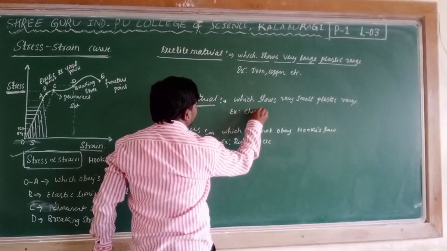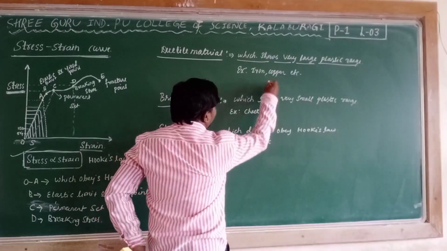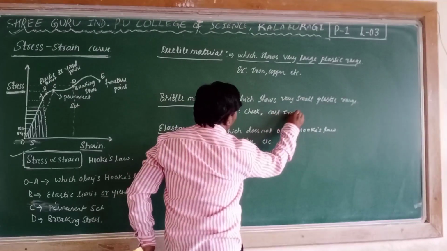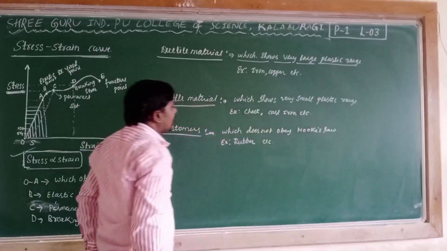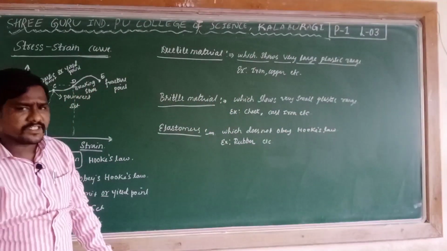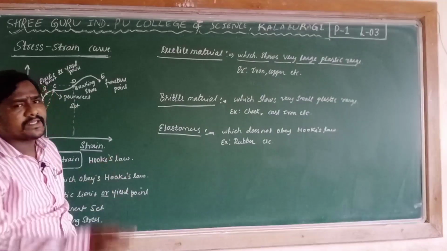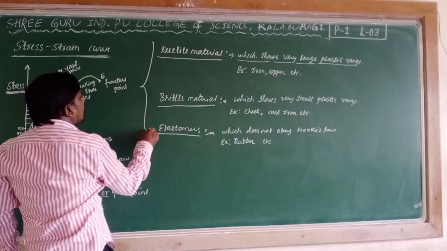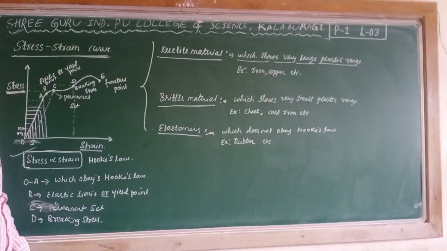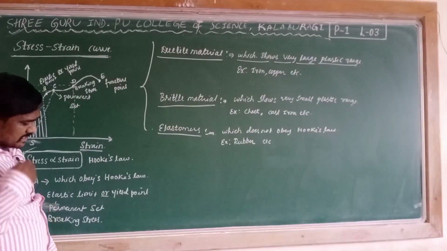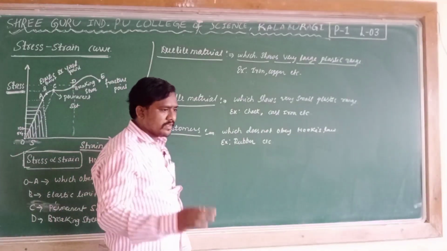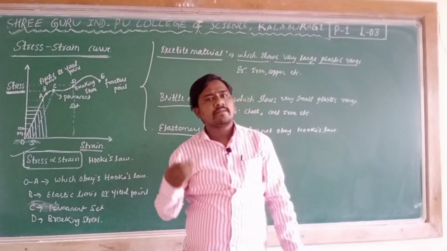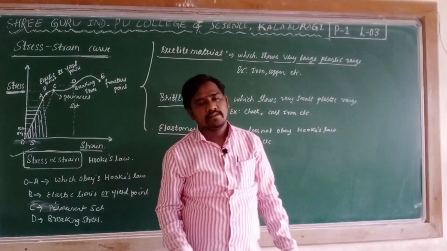Chalk or cast iron, etc. we can consider. After the conversion to plastic, it is going to break immediately. A material is elastic, no doubt, but after applying continuous stress on that material, it loses its strength.